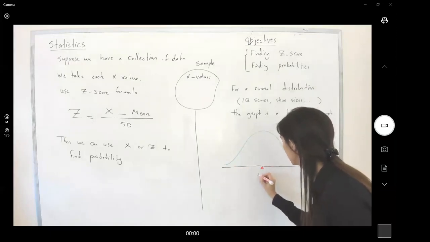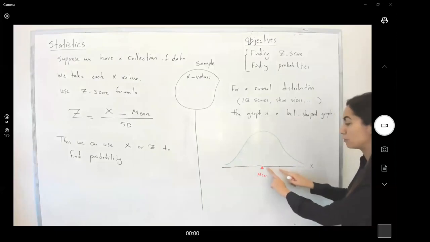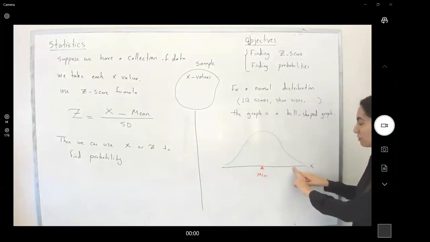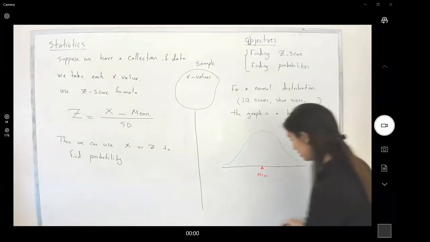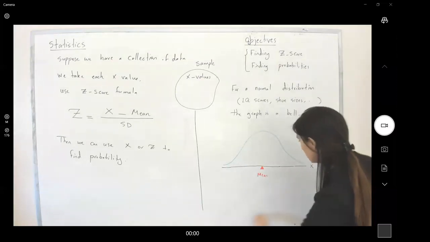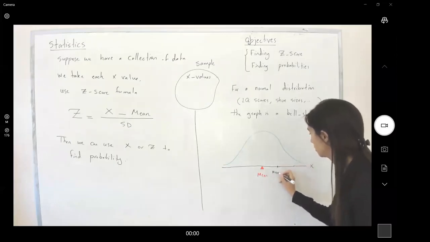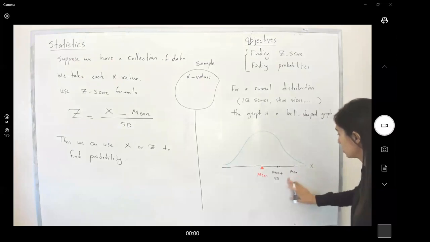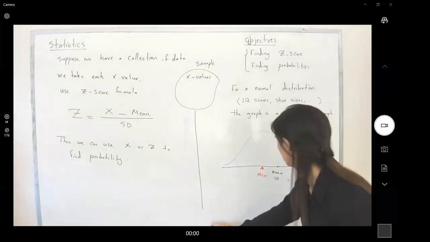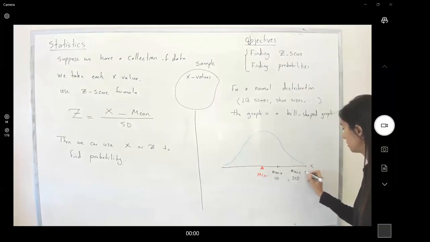One, two, and three standard deviations above the mean divide the right-hand side: mean plus 1 standard deviation, mean plus 2 standard deviations, and mean plus 3 standard deviations.